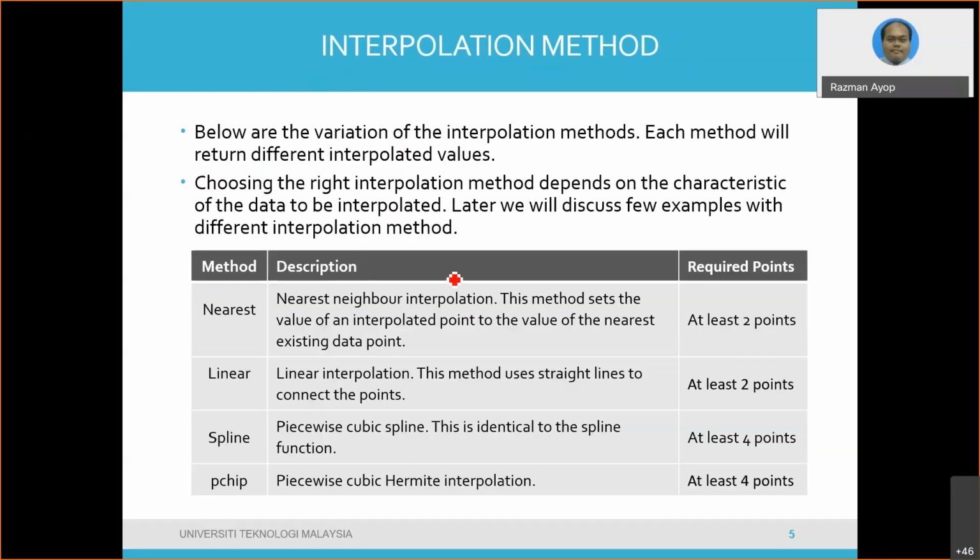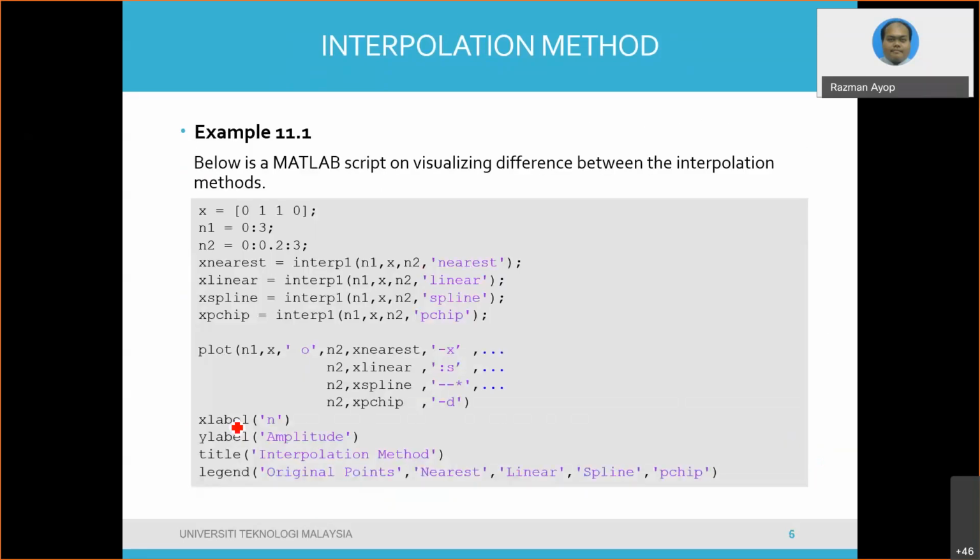For method, you can use nearest, linear, spline, or PCHIP, piecewise cubic Hermite. But usually the popular ones are linear and spline. Make sure you know that you need to have at least 2 points for linear, and 4 points for spline. That is what you learn for today.